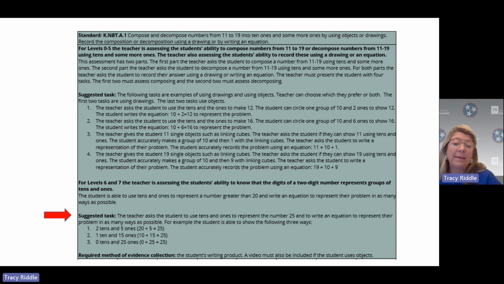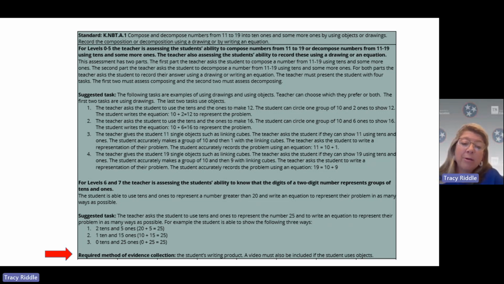One way may be to do 2 tens and 5 ones, which would be 20 plus 5 equals 25. A second way, and these are examples, is 1 ten and 15 ones, and write out 10 plus 15 is 25. A third way could be 0 tens and 25 ones. So 0 plus 25 is 25. So these again are examples if a teacher asks a student to represent 25 in as many ways as possible.